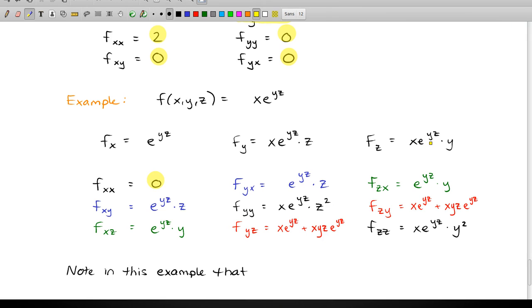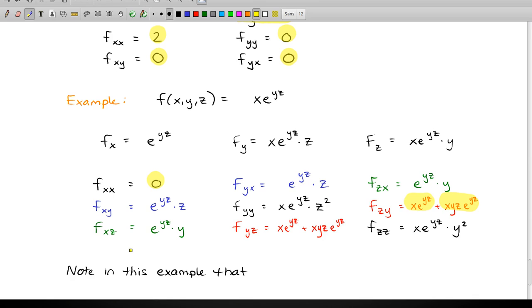Now I'm going to have to use the product rule. The derivative of the first is z x e to the yz times the second, which is y. That's this term here. Plus the first times the derivative of the second, that's going to be x e to the yz times 1. So this term here from the product rule.